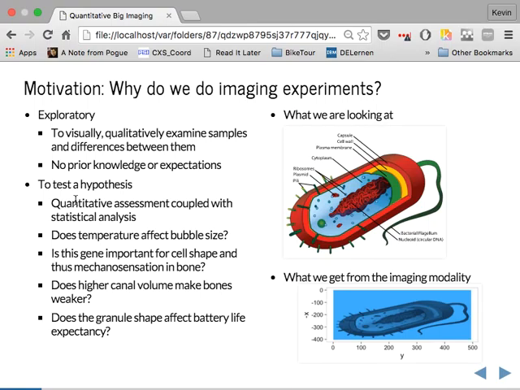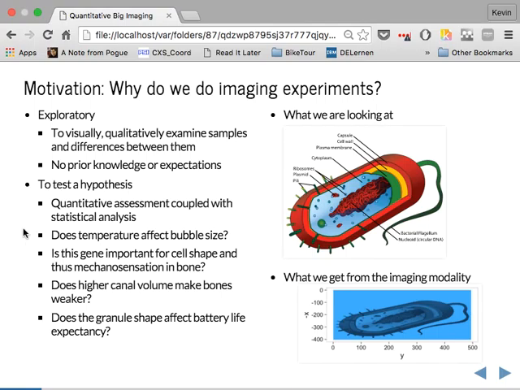When you move beyond this, and so this is sort of the exploratory approach to a more sort of scientific approach, I guess as we'll call it, you want to test some sort of hypothesis. And so you want to use the imaging data that you have to support this hypothesis that you're testing. And so it's sort of a quantitative assessment coupled with statistical analysis that we'll get into later.